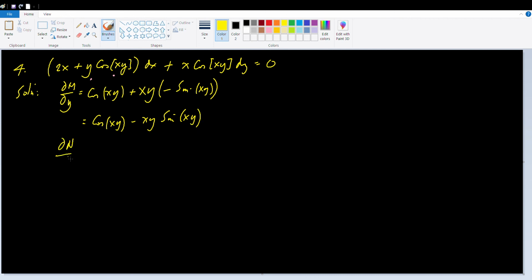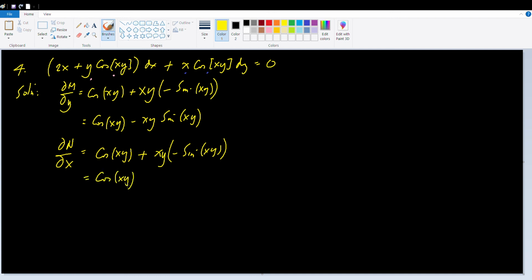Next, the partial of n with respect to x. So, again, there are two functions involved, x and cosine xy. So, derivative of x with respect to x is 1 times cosine of xy plus x, derivative of cosine is negative sine of xy, and the derivative of xy with respect to x is y.